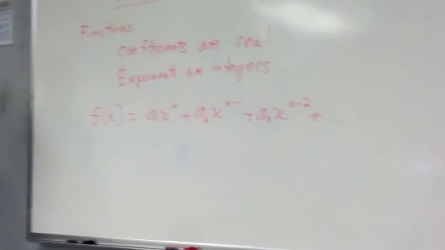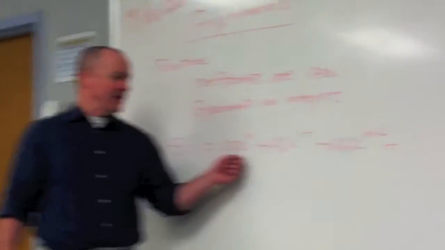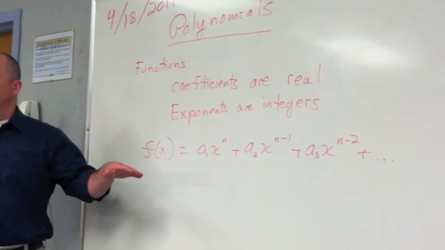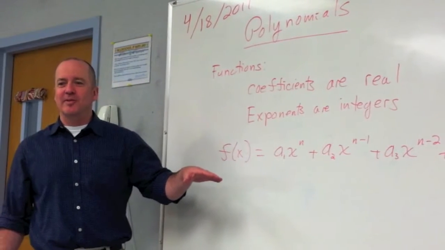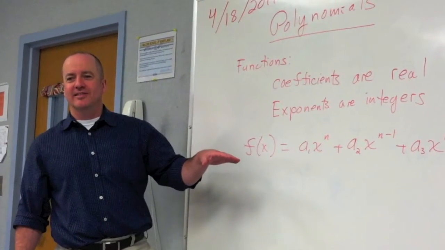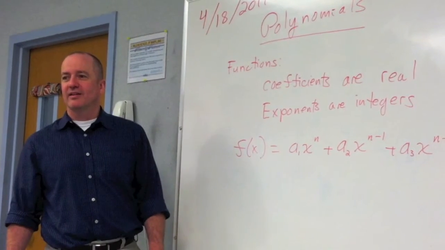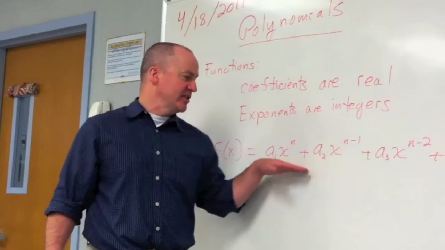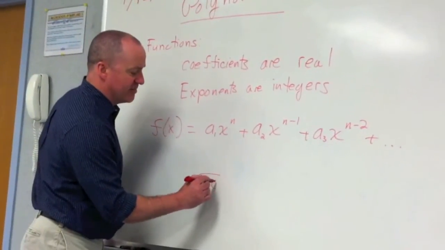Okay? For example, can a polynomial have a fraction with an x on the bottom? No, because of hyperbola. That's not a polynomial. But it's a function. It is a function, yes. If it's of this form, there's no way to turn this form into any sort of fraction with an x on the bottom.